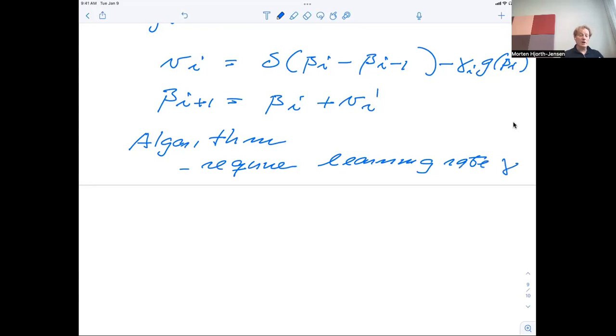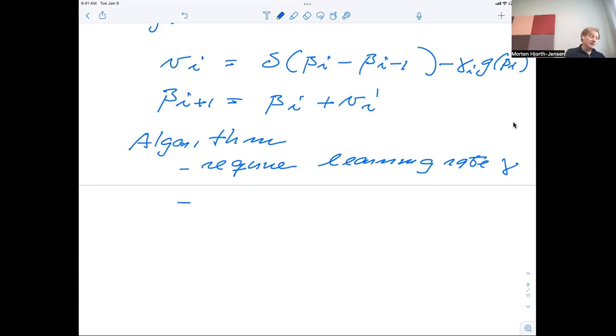Later we're going to see how you can improve upon the learning rate by having a kind of scheduler which allows you to optimize the learning rate as you move on with different iterations. There are many ways of doing this. There is nothing which is set in stone here. This is a kind of practitioner's approach where you try different scalings of the learning rate. But you require learning rates in order to start the algorithm.